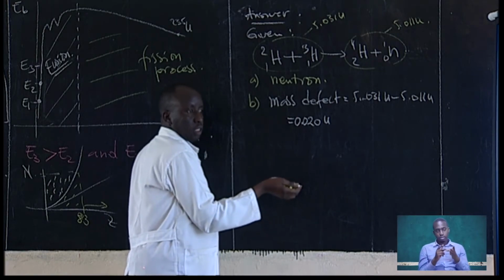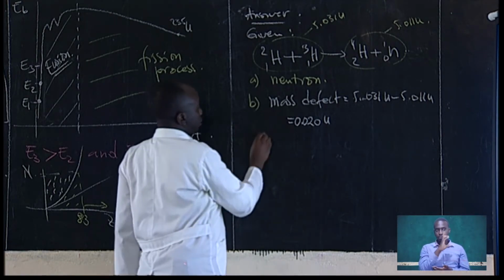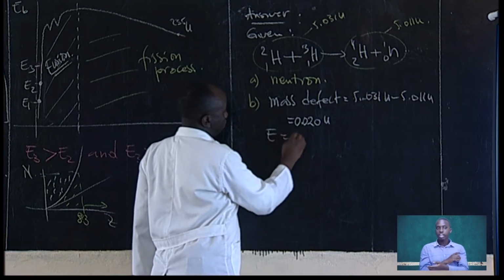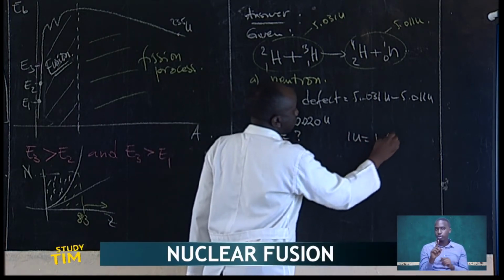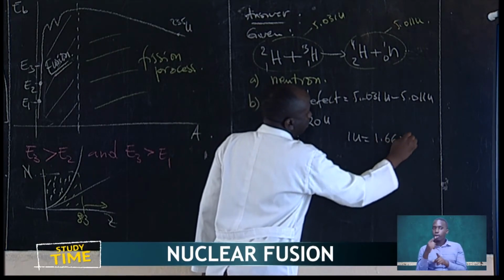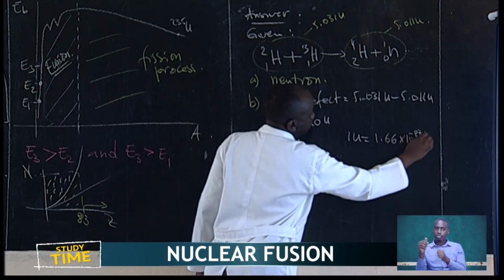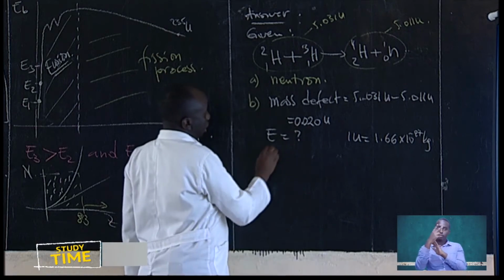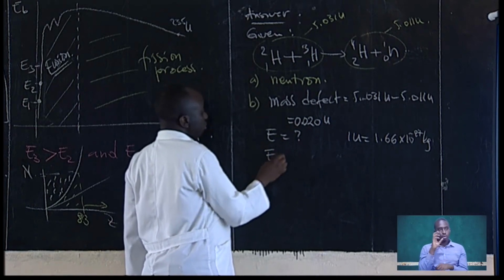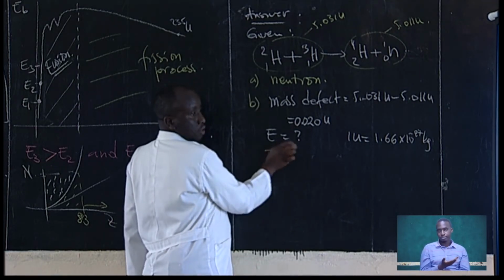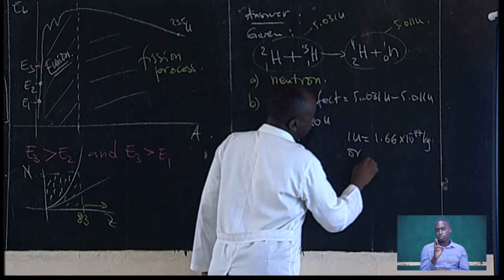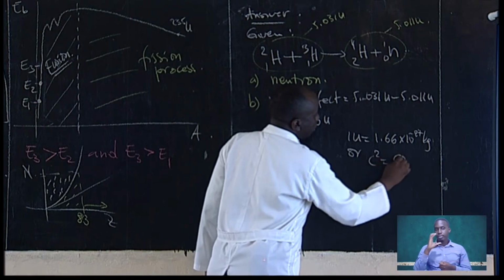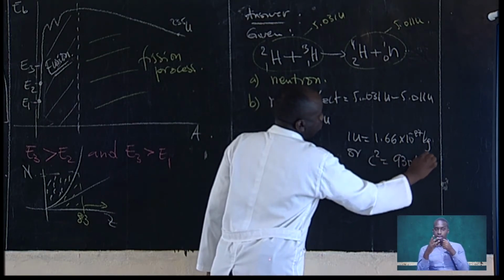Then let's calculate the energy. Energy here will be equal to what? You know, 1 U equals 1.6 times 10 to the power negative 27 kilogram, right? We can find that C squared is equal to 930 mega electronvolts.